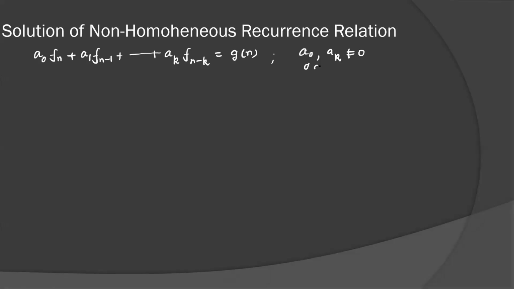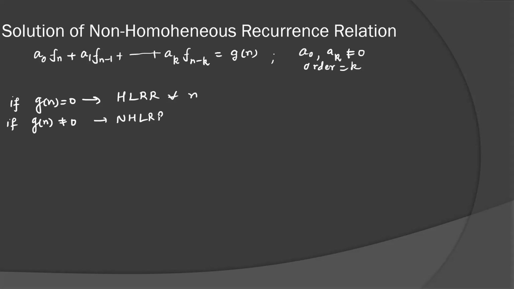If Gn equal to 0, it becomes a homogeneous linear recurrence relation. And if Gn is non-zero for all n, it is called a non-homogeneous linear recurrence relation.